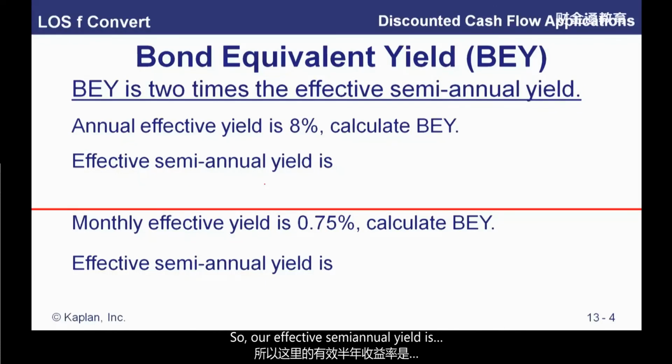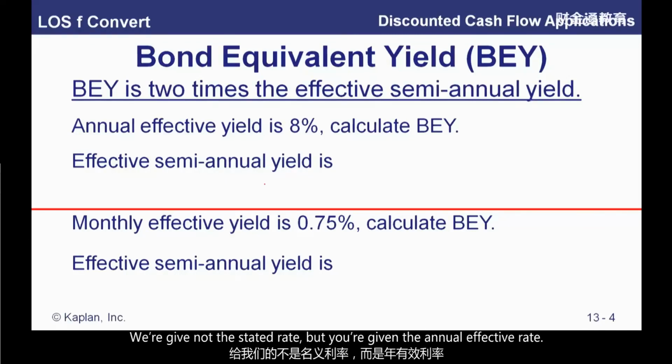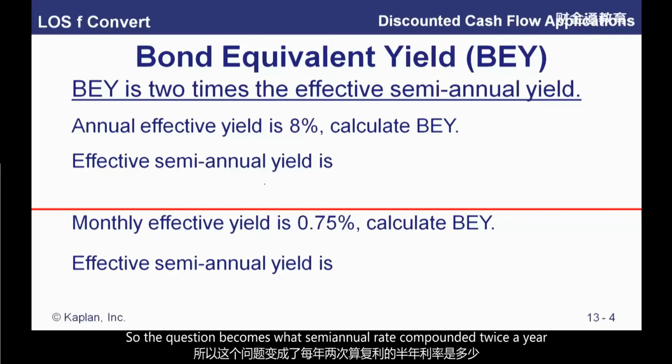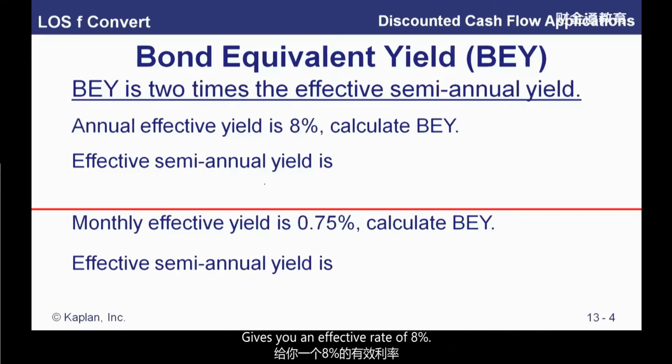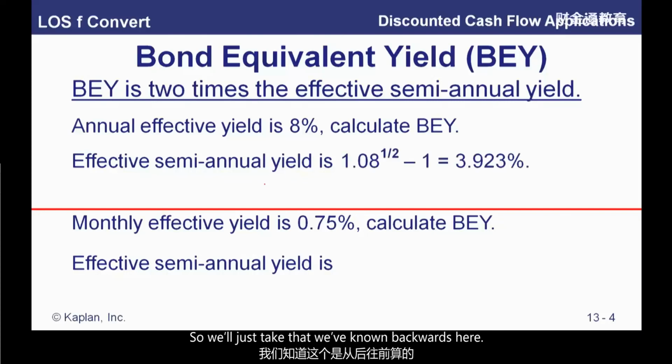So our effective semi-annual yield is, well, here we're going backwards, right? We're given not the stated rate, but the annual effective rate. So the question becomes, what semi-annual rate compounded twice a year gives you an effective annual rate of 8%? So we're just going to take what we know and work backwards here.